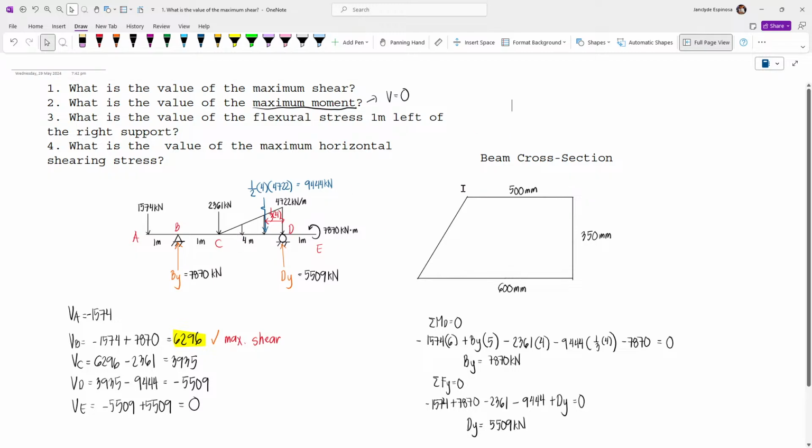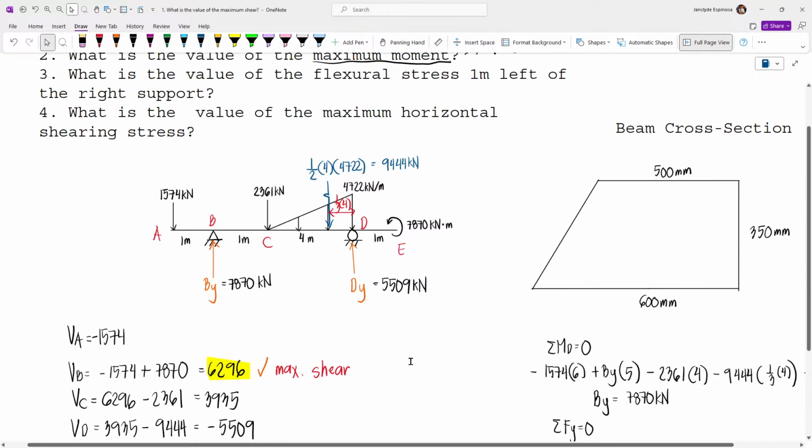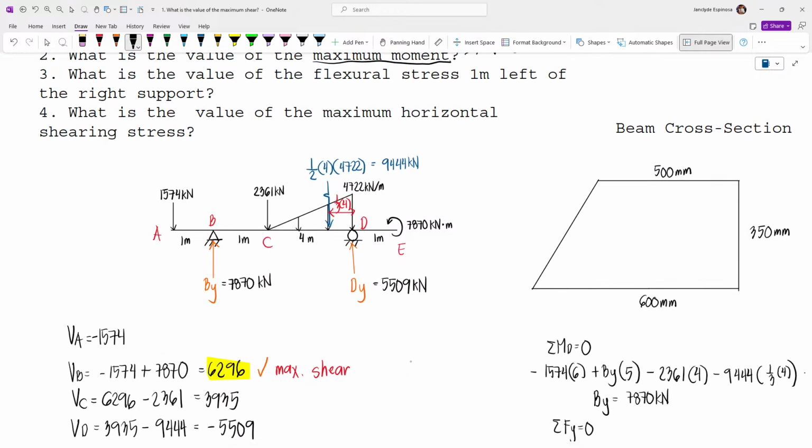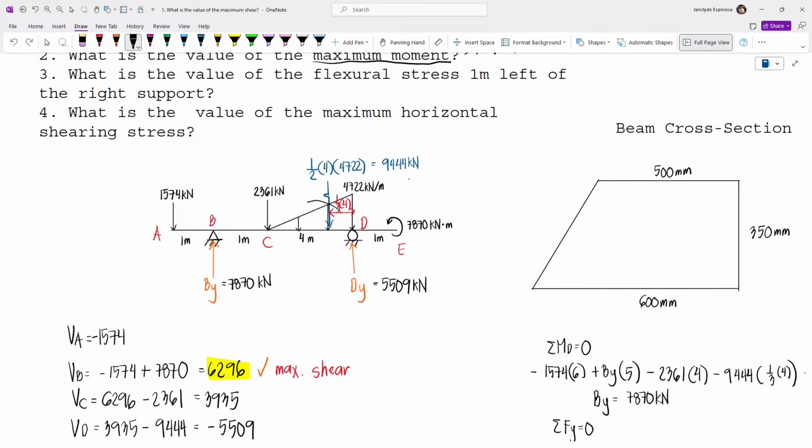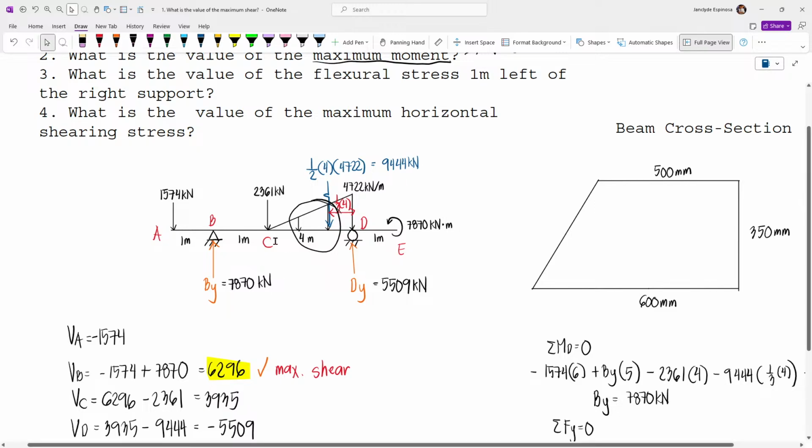Although, by inspection, kung sige na kag-solve, you'll be able to know na ang maximum is located at this segment. Naman tay distributed load dira. Nya, medyo dako-dako ang value for 722. So, most probably, ang maximum equation is located na dire, between point C and D.